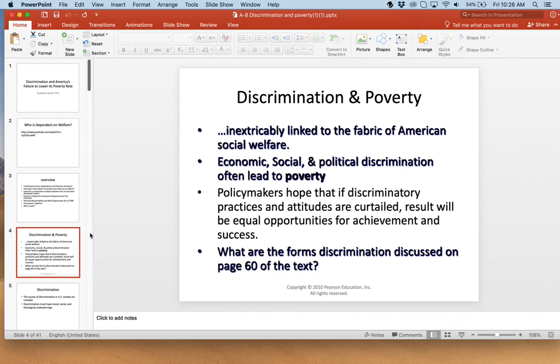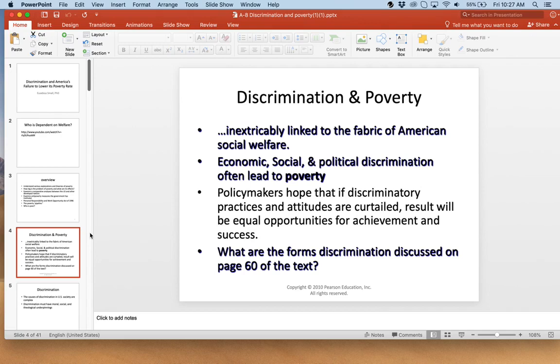In other words, if we have economic discrimination, social discrimination, or even political discrimination, those things could lead to poverty. And so policymakers hope that if discrimination practices and attitudes are curtailed or solved by creating equal opportunities for everyone, then we could have success in dealing with poverty.